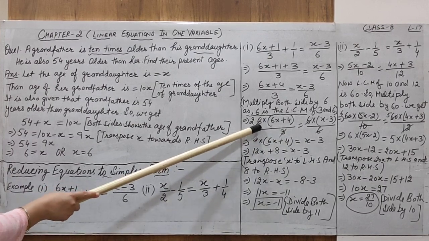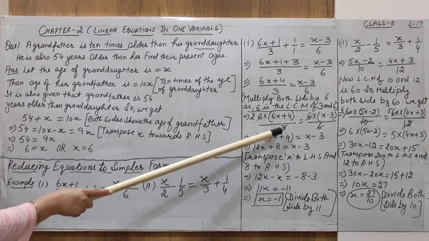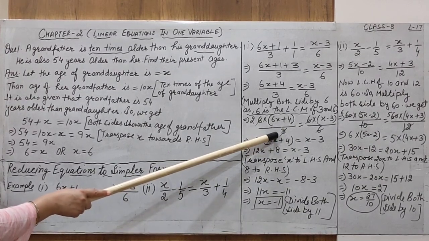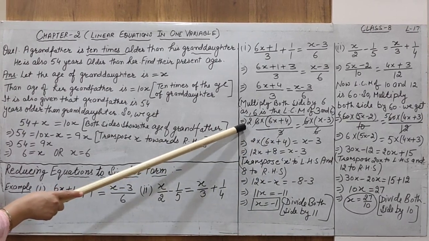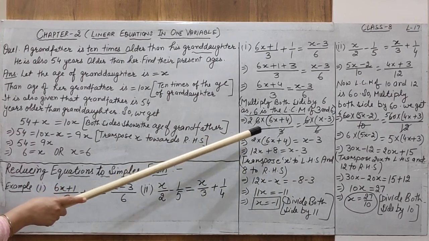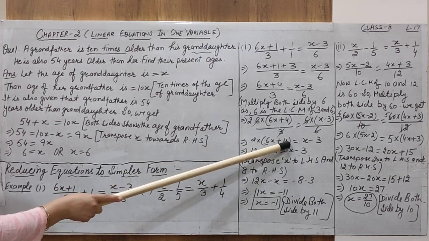So we have to write 6 multiplied by (6x plus 4) in the bracket divided by 3. 3 is already present in the denominator. Now, 3 cancels out 6 at 2. So, in left hand side, the numerator is only left with 2 multiplied by (6x plus 4).